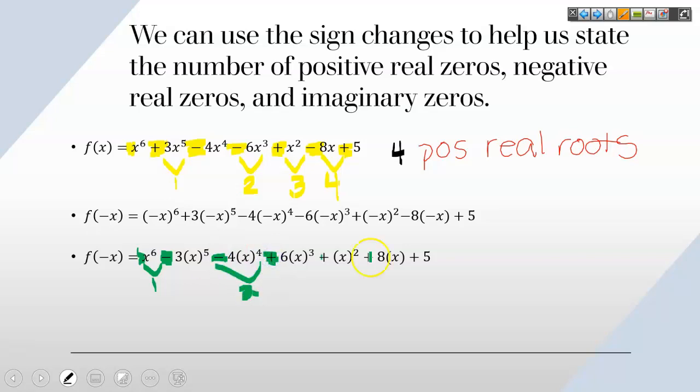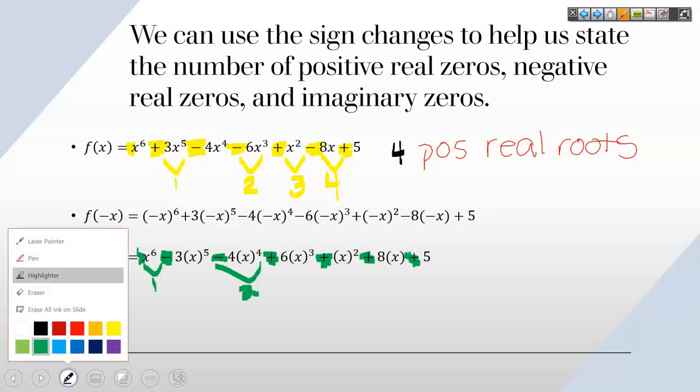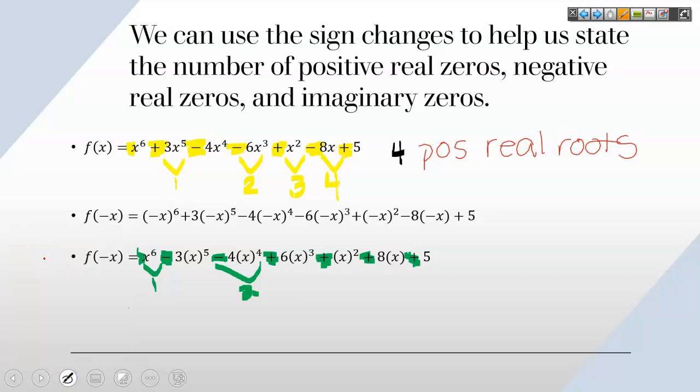Positive, positive, positive, positive means we have no additional changes. So what that means is that I have 2 sign changes. 2 sign changes means that at most this has 2 negative real roots. And again, the key idea is that it determines the max number of negatives.